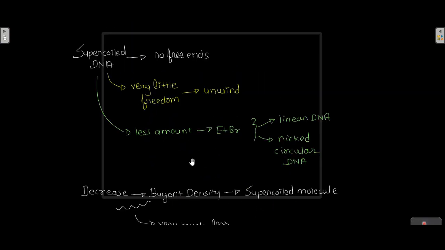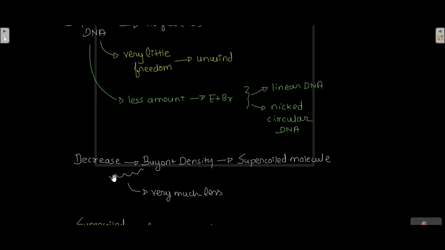Now the thing is that this supercoiled DNA has no free ends, and that is the reason why it has very little freedom to unwind, and that is why less EtBr intercalates into the supercoiled DNA as compared to linear DNA or nicked circular DNA. So the decrease in the buoyant density of the supercoiled DNA, that is your plasmid DNA, is very much less.